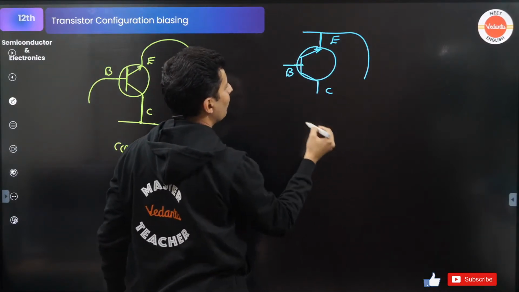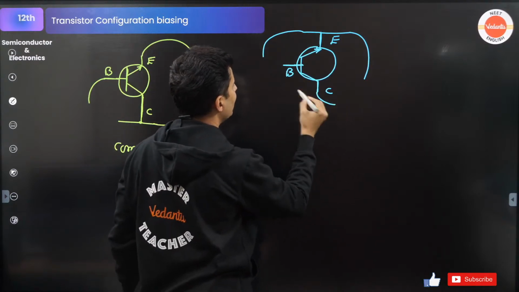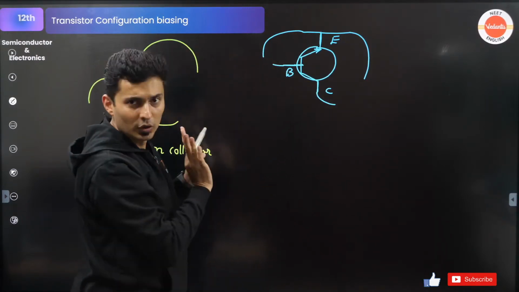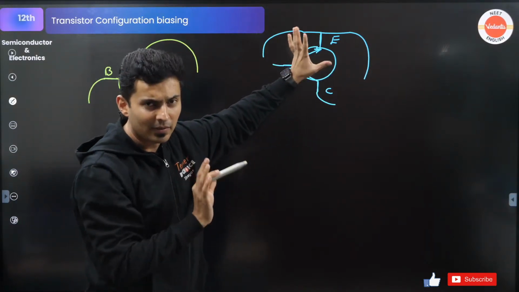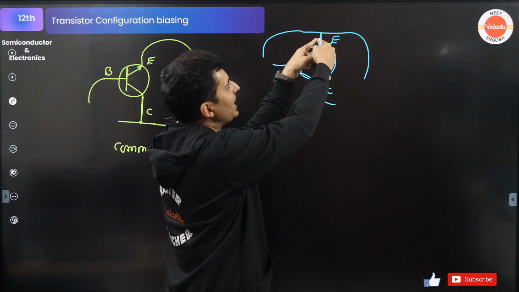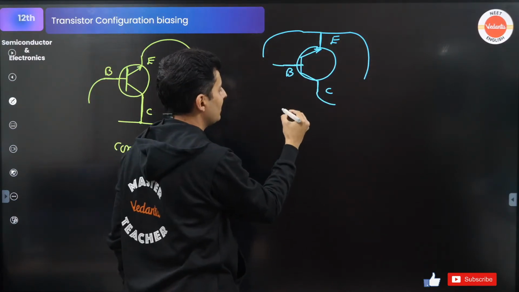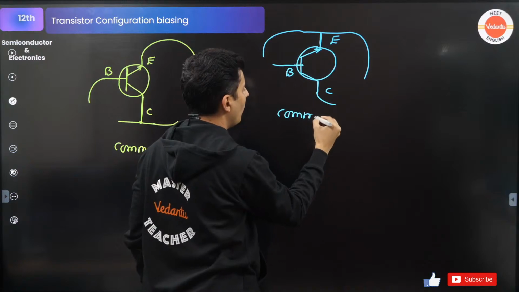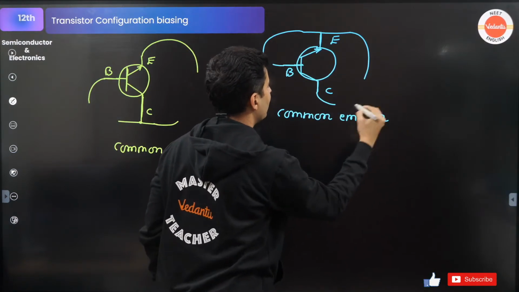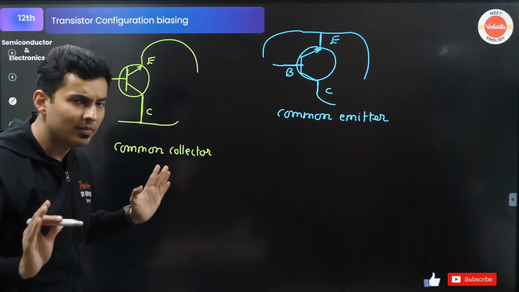I will take one from here and the other from here. It is just connected like this. I will complete the circuit later on, don't worry about it. I have kept some blank part for a reason, you'll understand it. Do you see both these wires meet at the emitter? So the emitter is common to 2 things. So this will be called the common emitter way of connecting it. Emitter is common, that's why common emitter. Everyone with me on this?